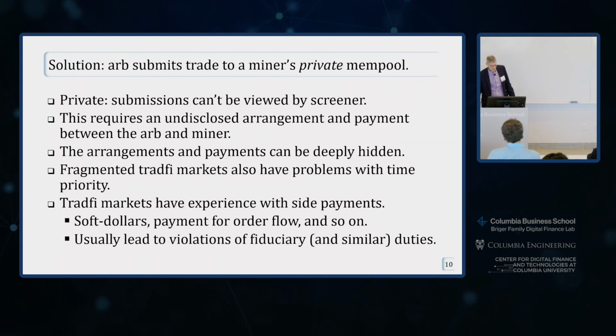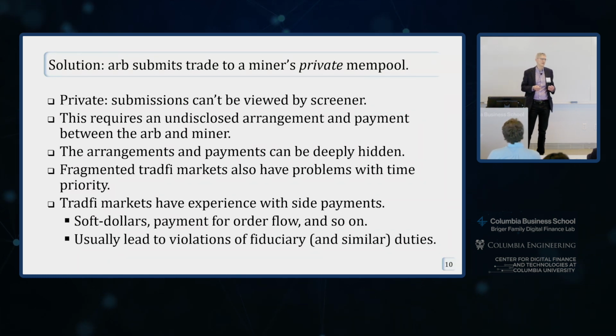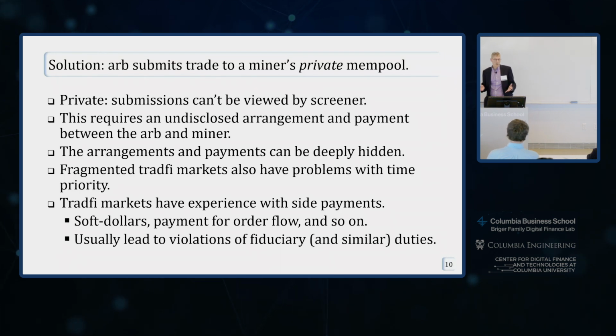So the solution that we seem to be aiming toward here is a private mempool where the arbitrageur can submit arbitrage trades that won't be publicly visible and can't be screened.